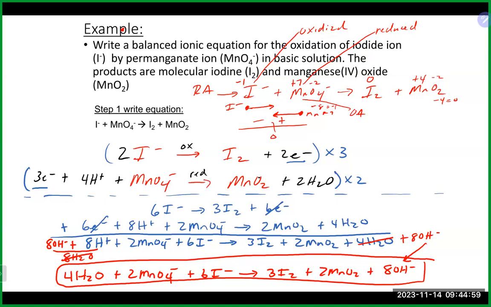How I got the 3 electrons? The one down here? Yeah. So before we did that, we had basically this, right? So what you're looking at is overall charge on each side.